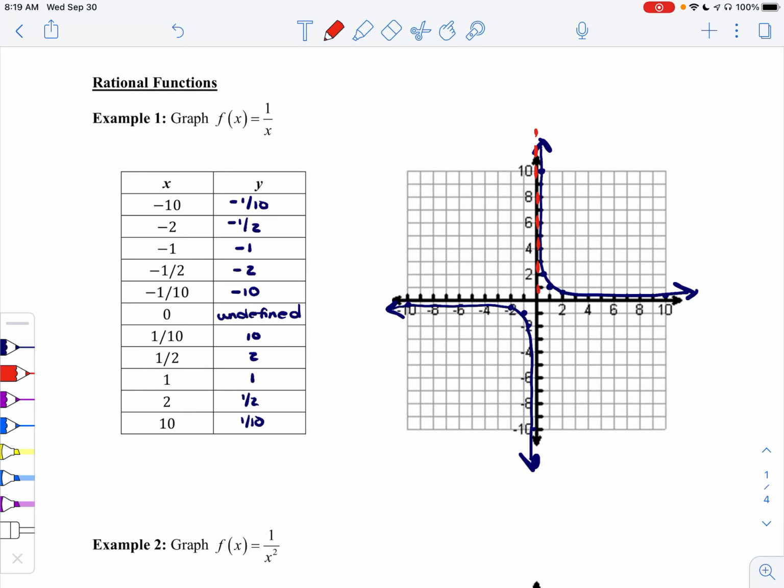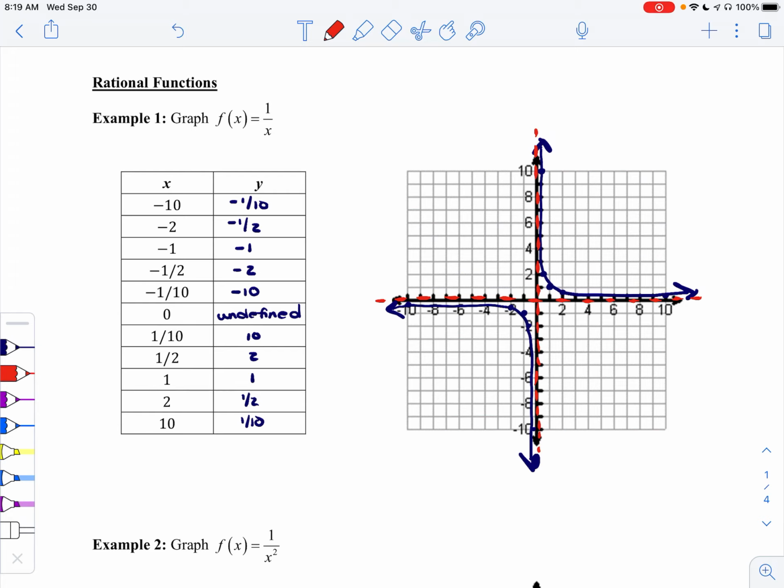There's going to be a vertical line on the y-axis that separates our graph into two different branches, which comes from this 0, where our graph is undefined. But there's also an invisible horizontal line that separates our graph into two different branches, and we'll talk later about where that comes from.